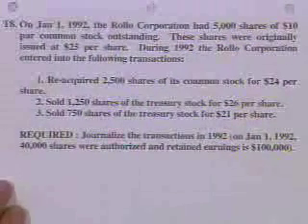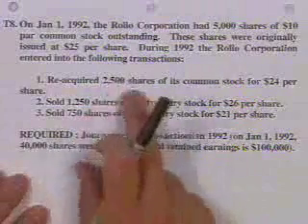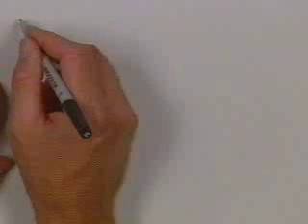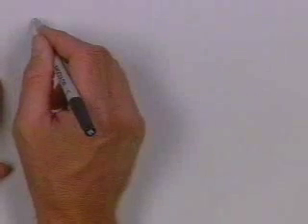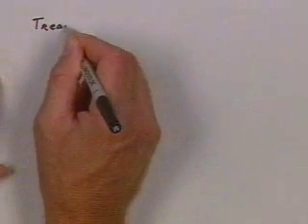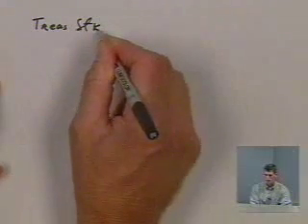Okay, here we go. Journal entry number 1. We acquire 2,500 at $24 per share. So, if we are acquiring these things, what are we giving up? We're giving up cash. So the entry then is, we recognize the fact that we are buying treasury stock. We are buying back treasury stock.